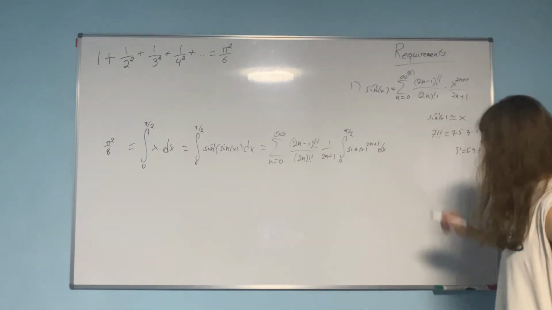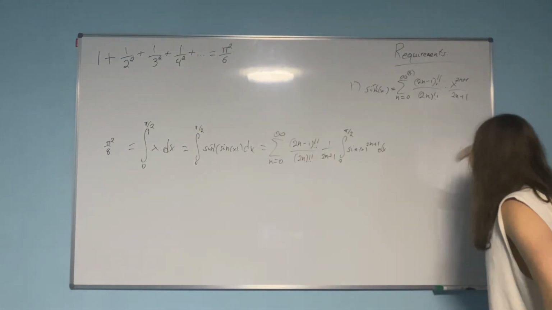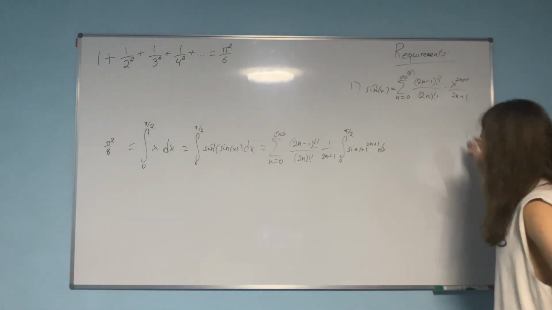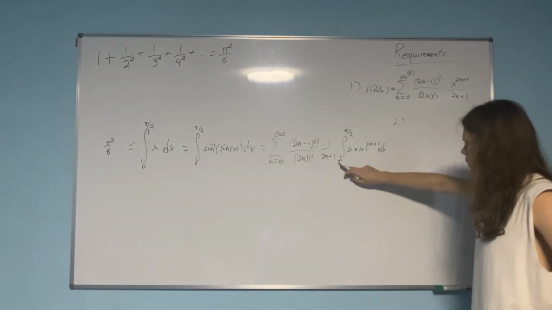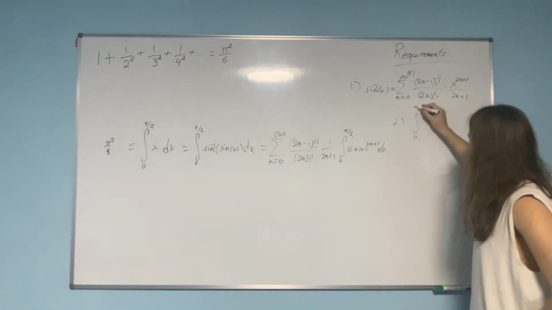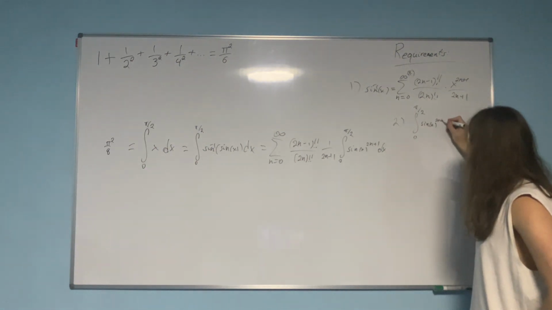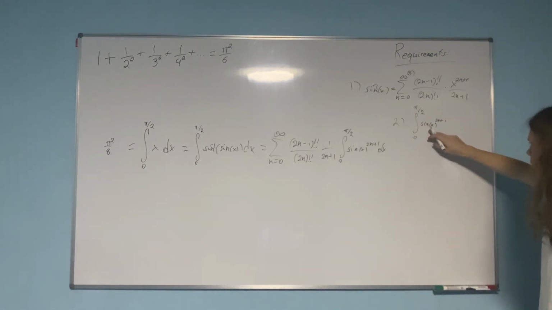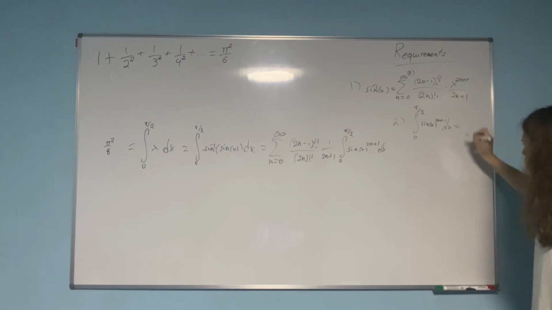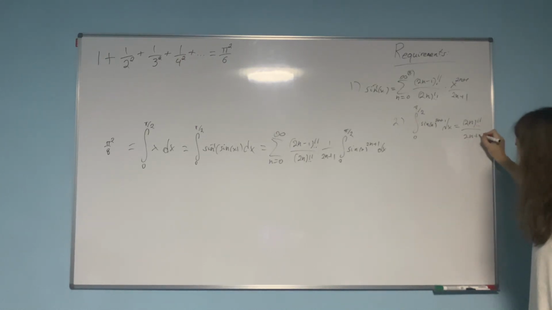And now I need a second requirement. Is that we can solve this integral exactly. So this integral of sine of x to the 2n plus 1 power is indeed just 2n double factorial over 2n plus 1 double factorial.